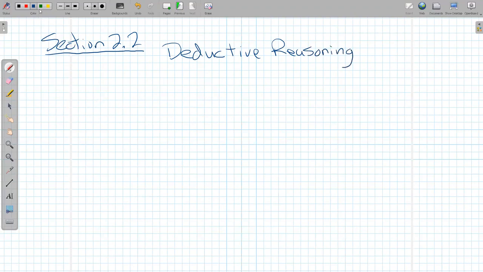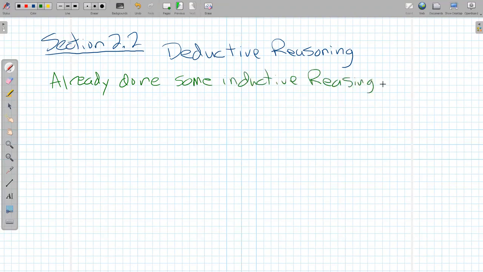What we have been doing so far, among other things, is we've already done some inductive reasoning. And I'll try to explain the difference.